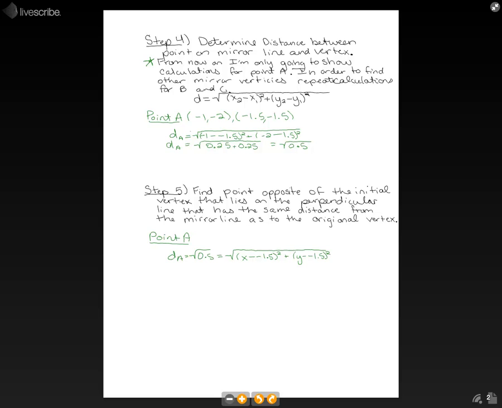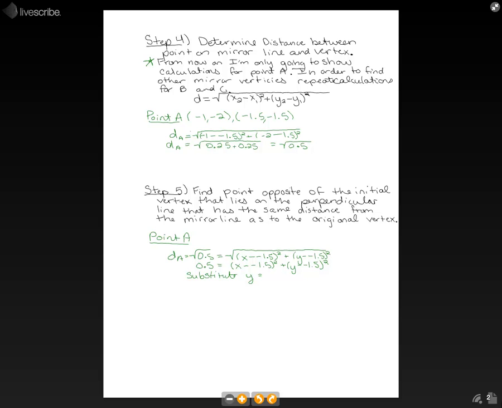So whenever we want to simplify this, we can take the square roots off, just pretend we square each side. So you get 0.5 equals x minus negative 1.5 squared plus y minus negative 1.5 squared. So now we're going to do some substitution.